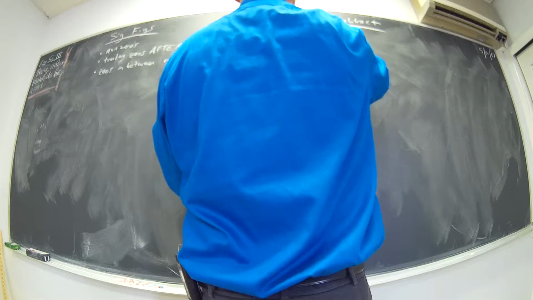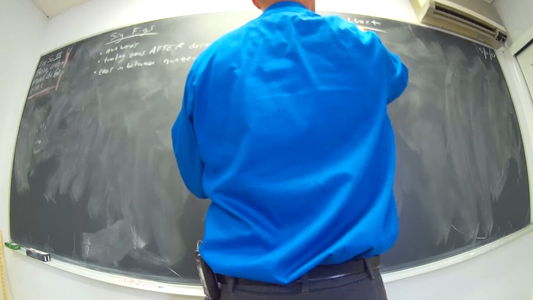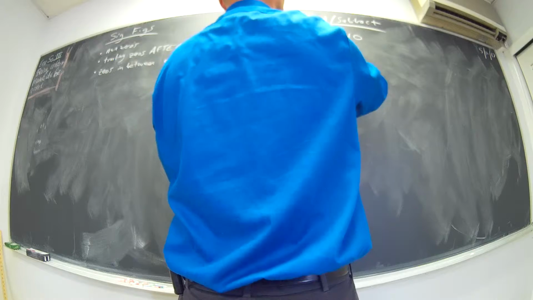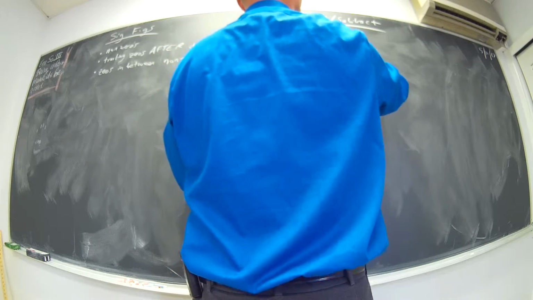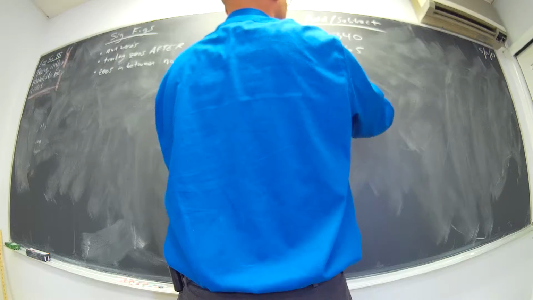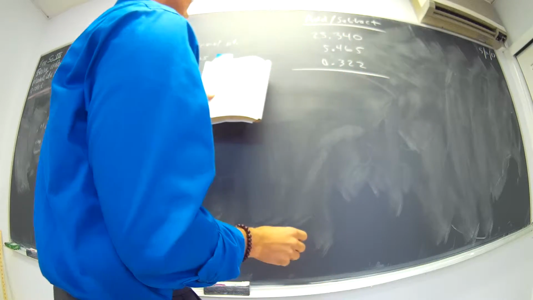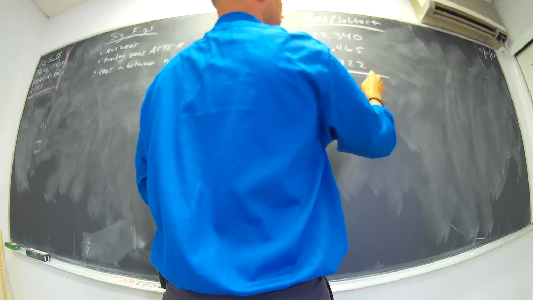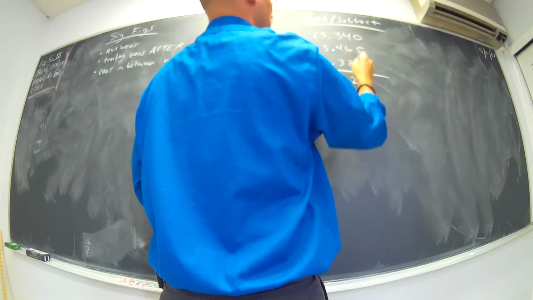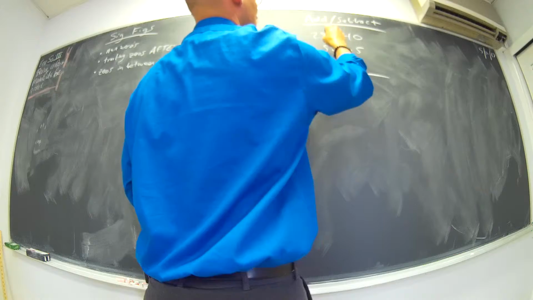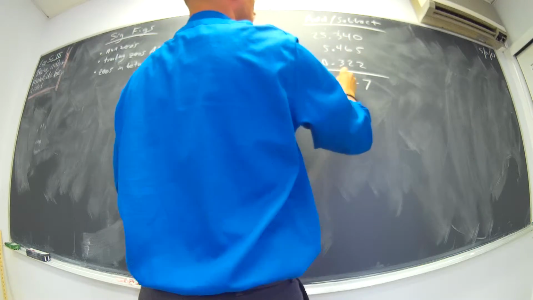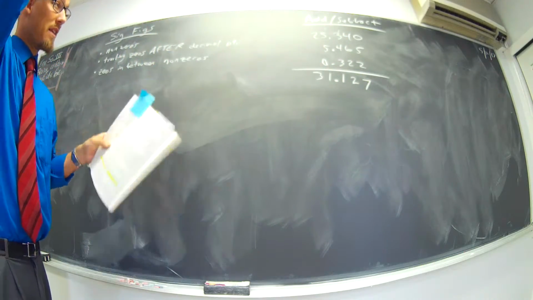If we have 25.340 plus 5.465 and 0.322, you can add all these together and get 31.127.